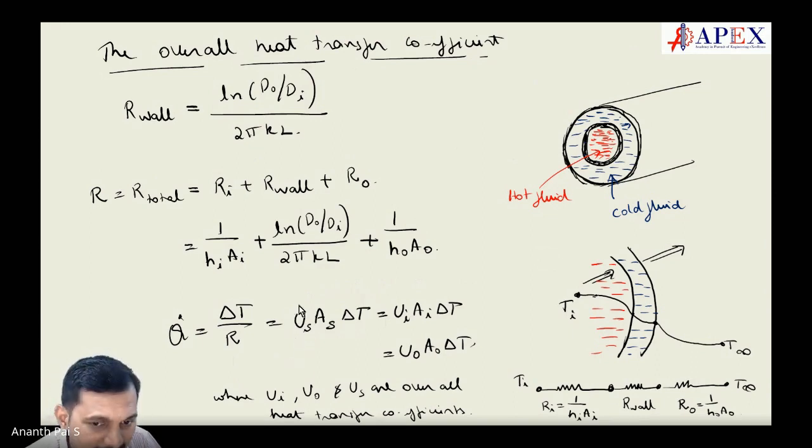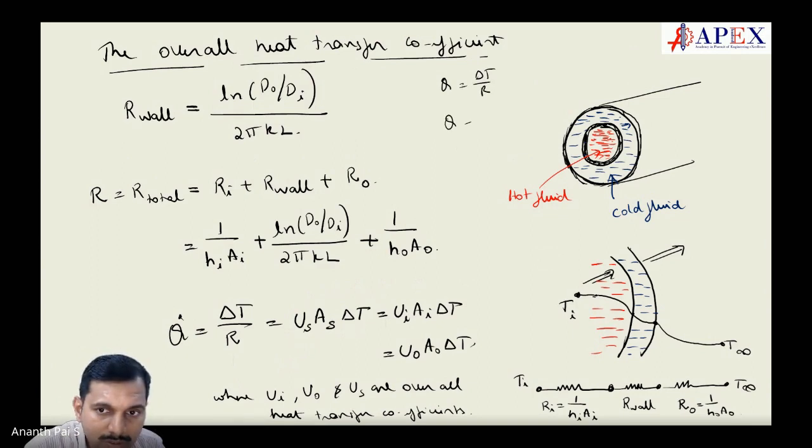So this is equivalent to h. Make sense? See, Fourier law of heat conduction, what is that? Q is equal to delta T by R. What is Newton's law of cooling? Q is equal to h A delta T. Now this, instead of h, I am writing U. That's it. Make sense?